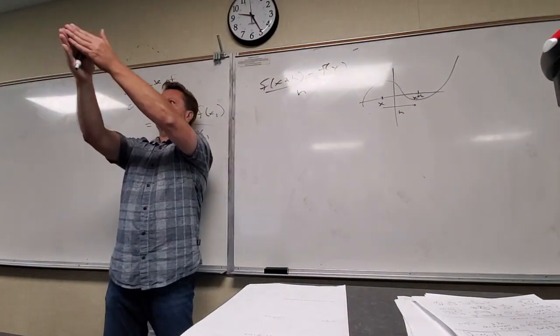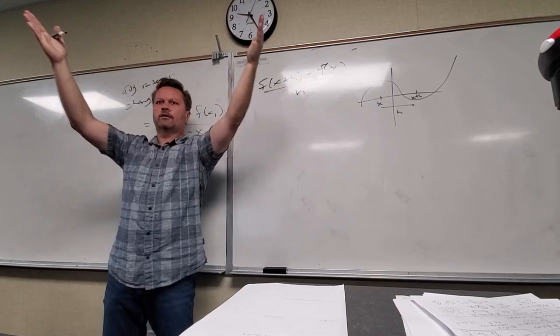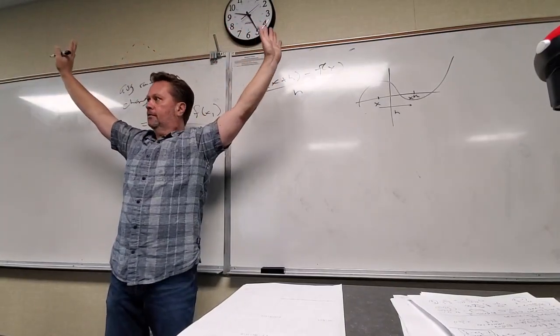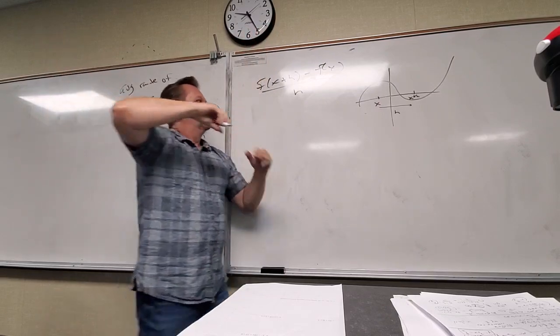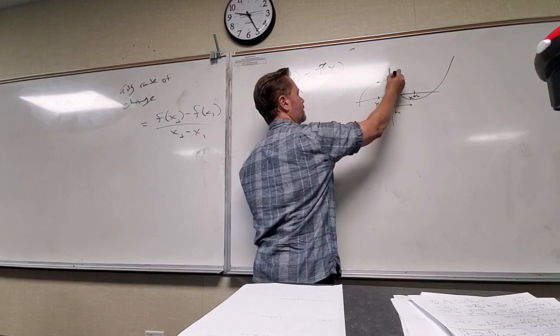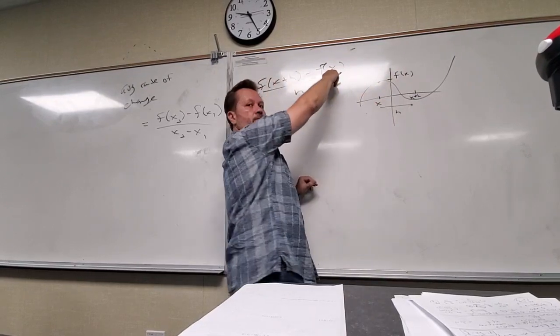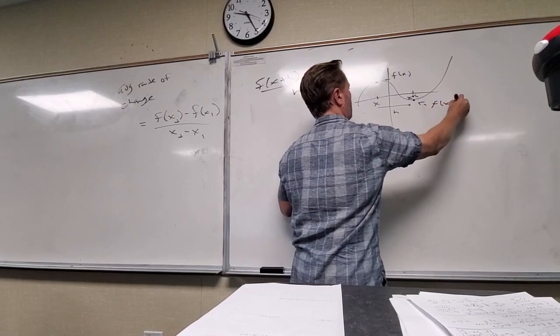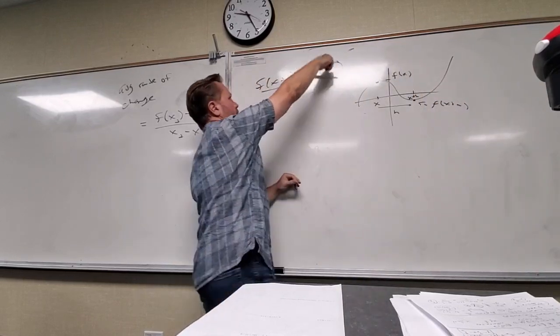If I give you 2 inputs, can't you figure out how far apart the 2 inputs are? So if one input's 3, one input's 5, h would be 2. Is that cool? Real quick, do you see how there's an f of x? And do you see how there's an f of x plus h?